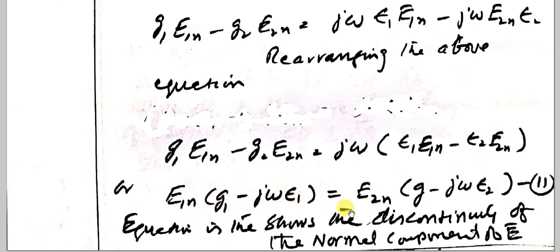This equation shows the discontinuity of the normal component of E, and similarly D is discontinuous as well, if we simply multiply with epsilon 1. So the normal component is discontinuous in case there is a surface charge density or free charges at the interface.